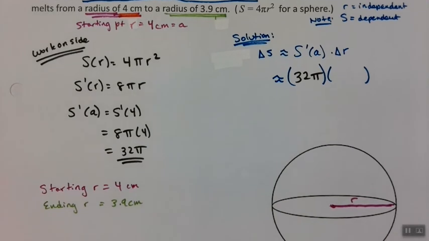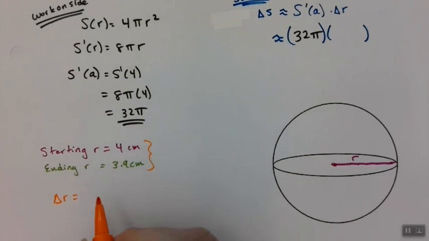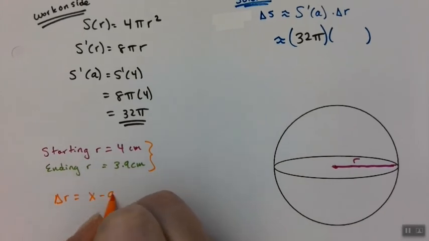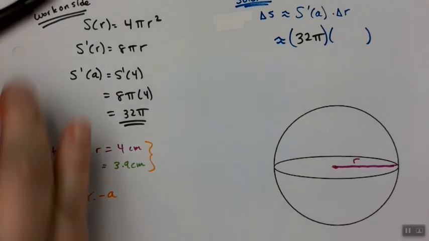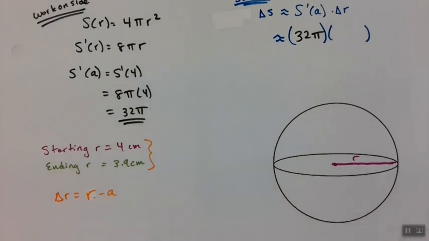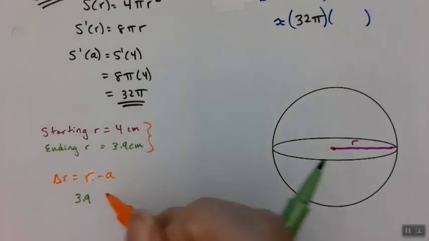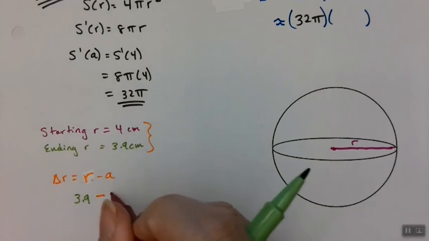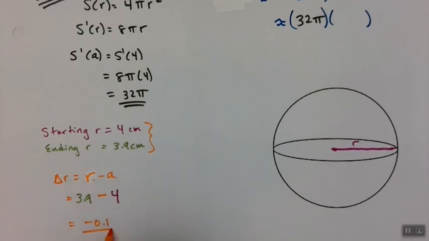So my change in r is the difference between those two. Remember it's x minus a, which in our case would be r minus a, because r is x for this problem. So that would be 3.9 take away a, which was 4. That was the constant starting point. And that means that we have negative 0.1 as our delta r.